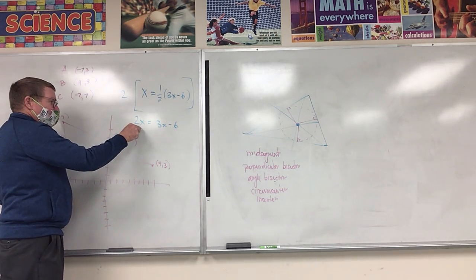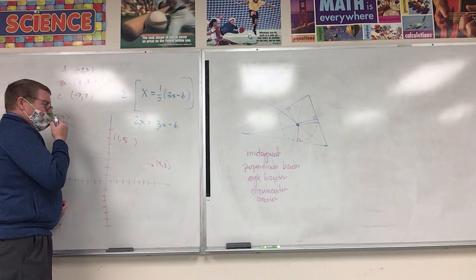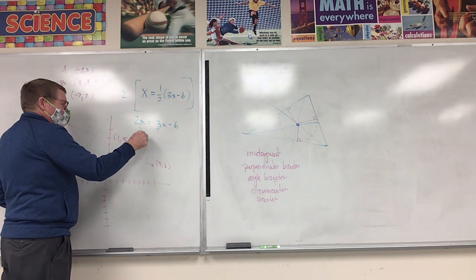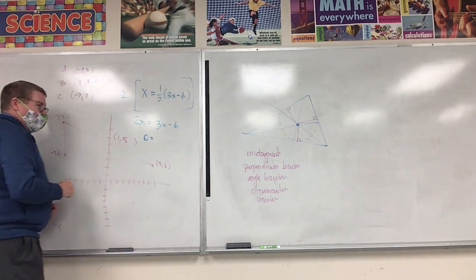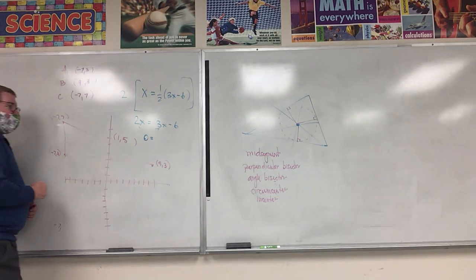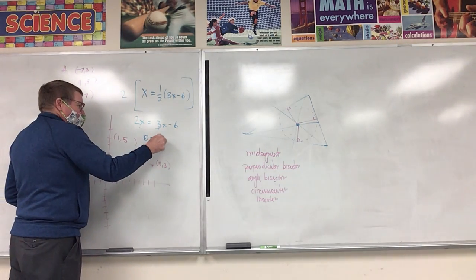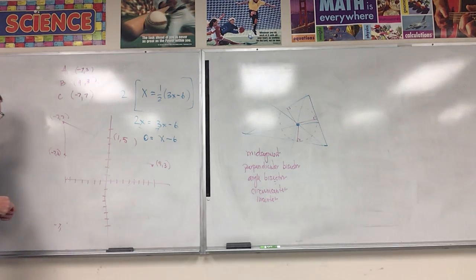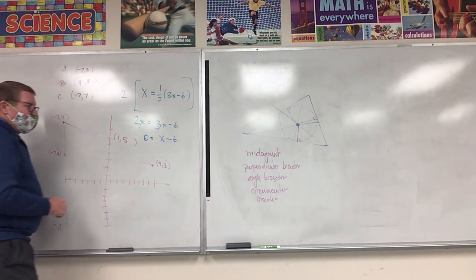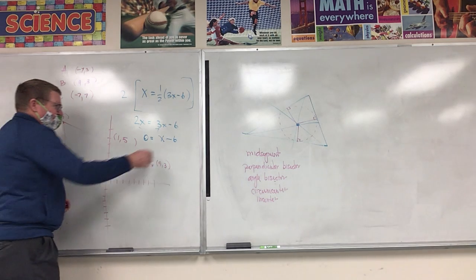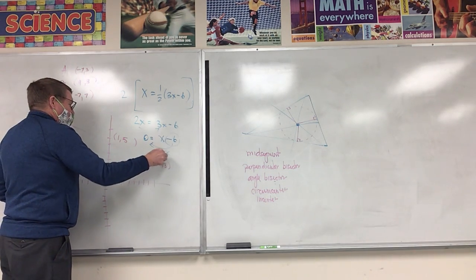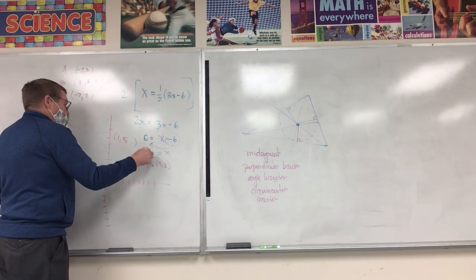The 2x. When I move it, am I going to add it or subtract it? Subtract. So it'll be 1x. Now what do you want to move? The 6. You want to get x by itself, so add 6. So x equals 6. There you go.